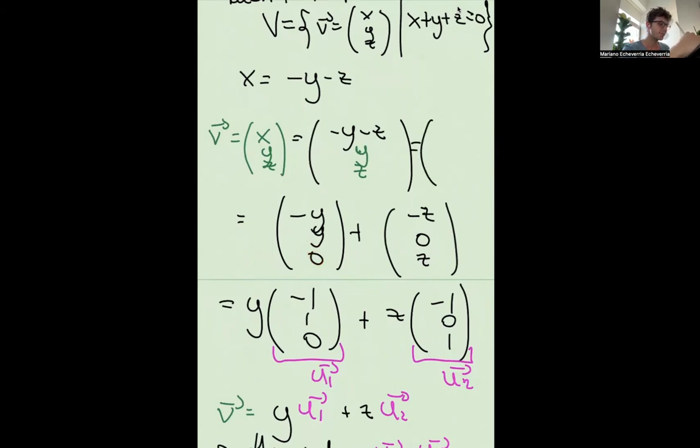I think I know what you mean. So I'll put -1y minus 1z, 1y plus 0z, and then 0y plus 1z. I don't know if that makes it more clear why I'm getting these numbers, because it is -1, 1, 0, -1, 1, 0, and then -1, 0, 1.